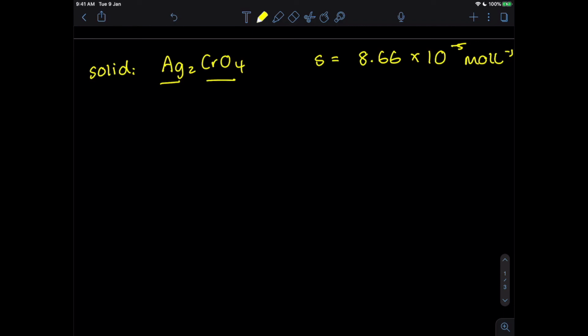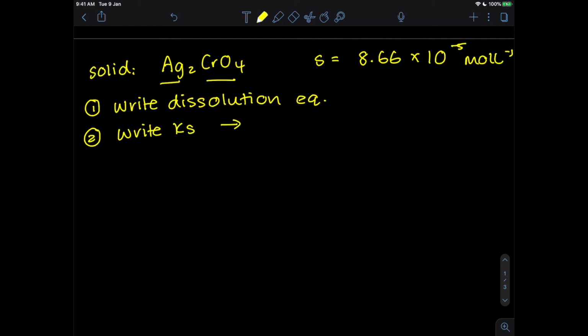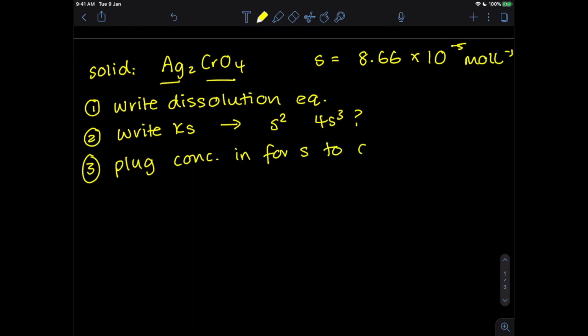So your first step should be to write the dissolution equation. Second step, write Ks and use that to determine if it's going to be an s squared or a 4s cubed. And then plug the concentration in for S to calculate Ks.